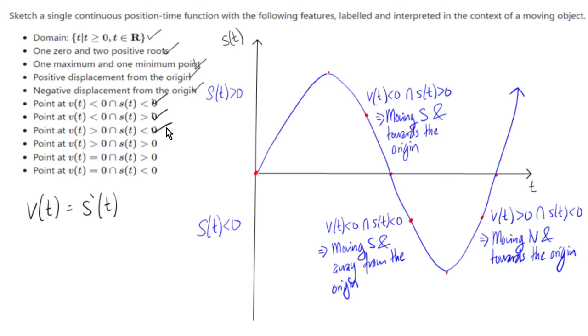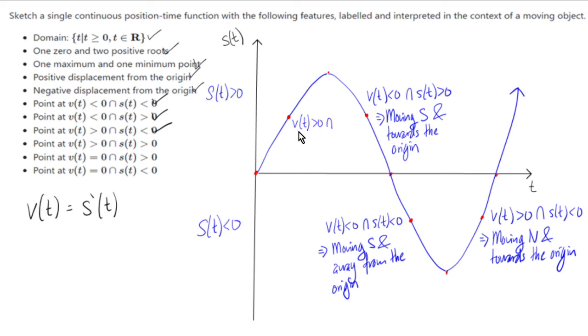The next point, we have a positive velocity and a positive position time function. So an example of that would be right here. It could also be right here, okay? So at that point, we have a positive velocity. It's a positive tangent slope at that point.